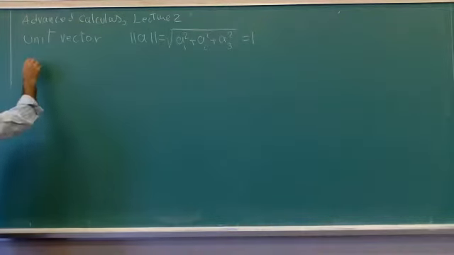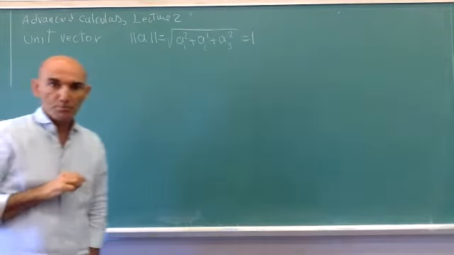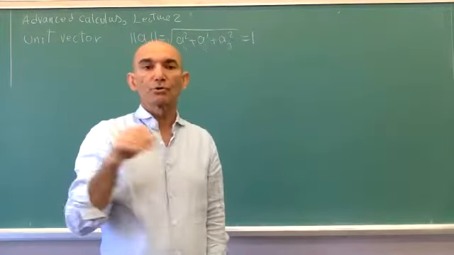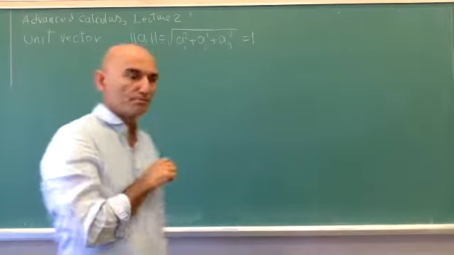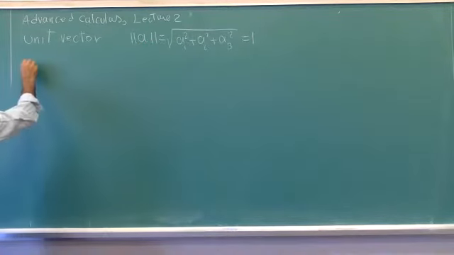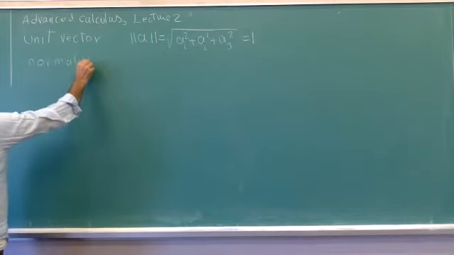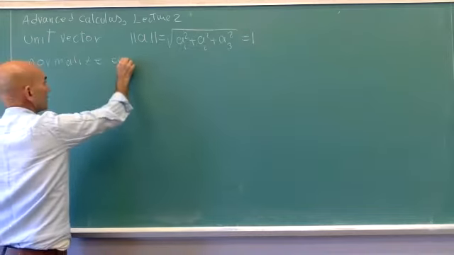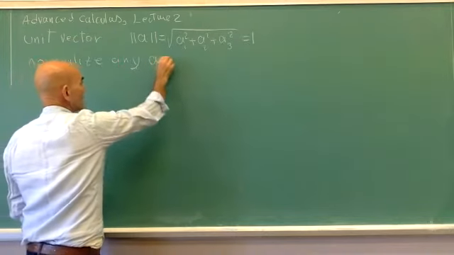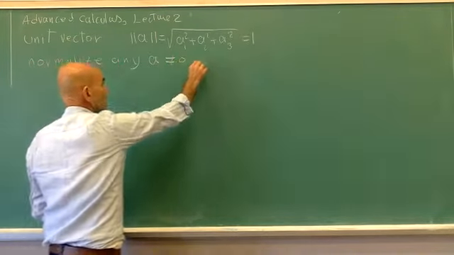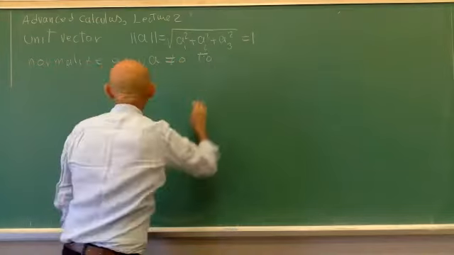So you can normalize any vector A, which is not 0, to a unit length vector.